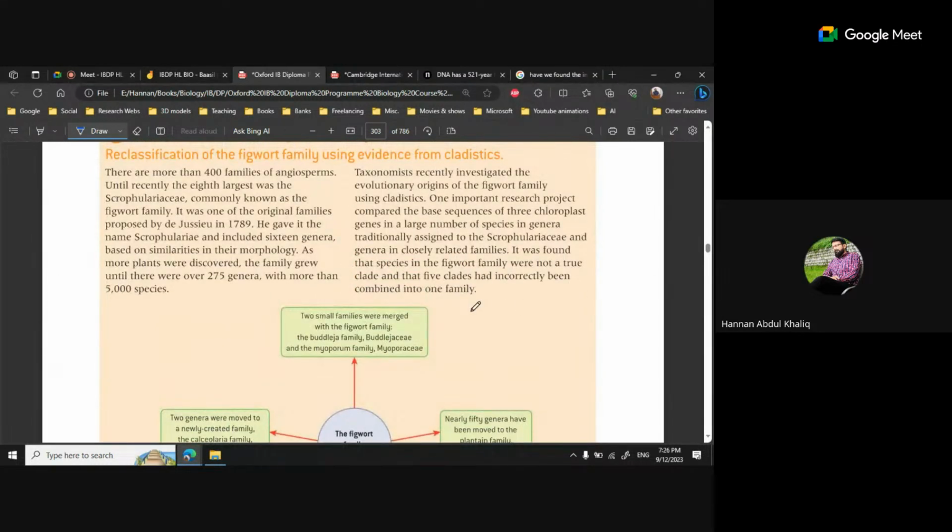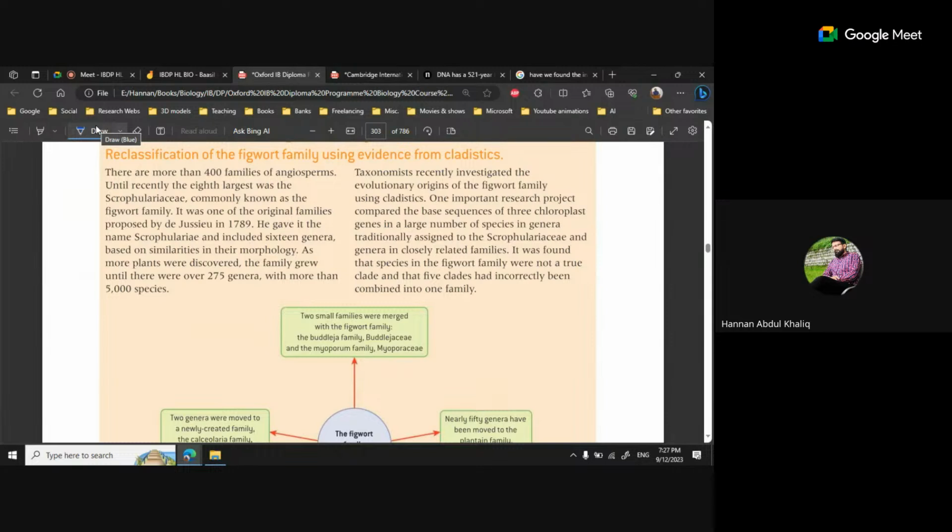So this is what happens when you try putting organisms in groups that do not share common ancestry. The result is that you have to rearrange everything. That is why the cladistic approach, the evolutionary approach, the phylogenetic approach and the taxonomical approach all have to work together, so that they can come up with a whole new classification.